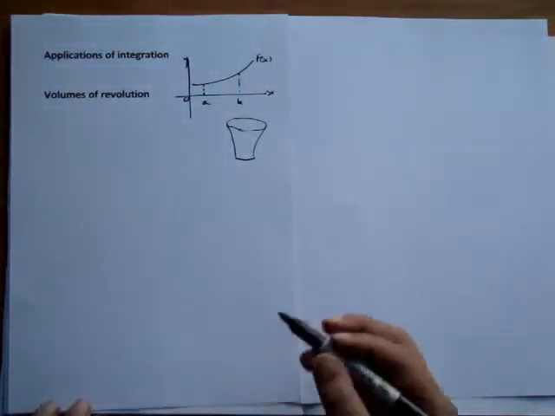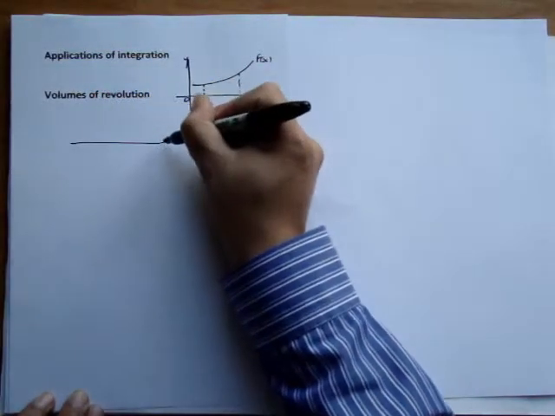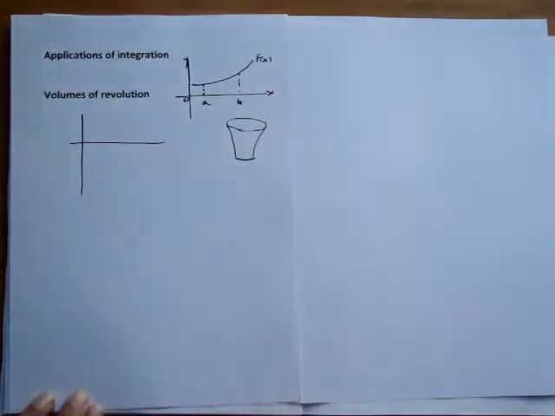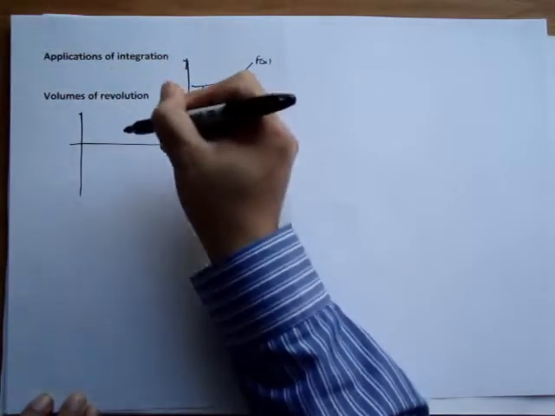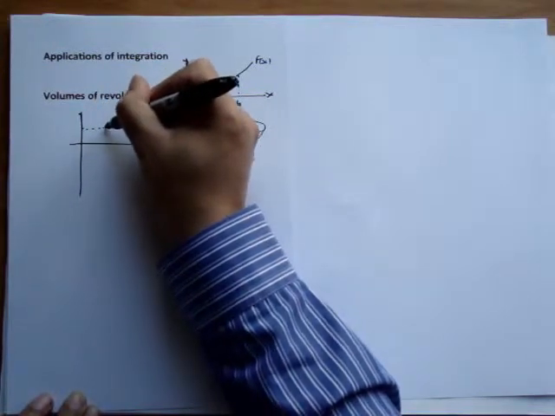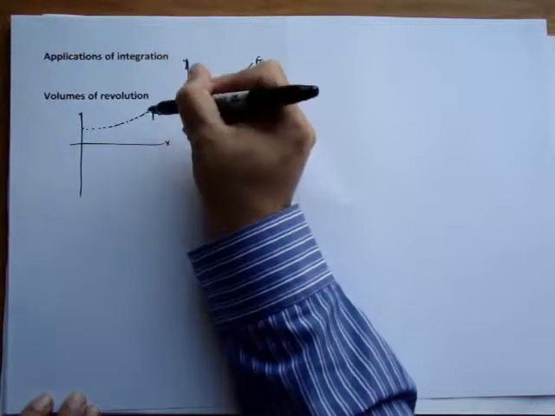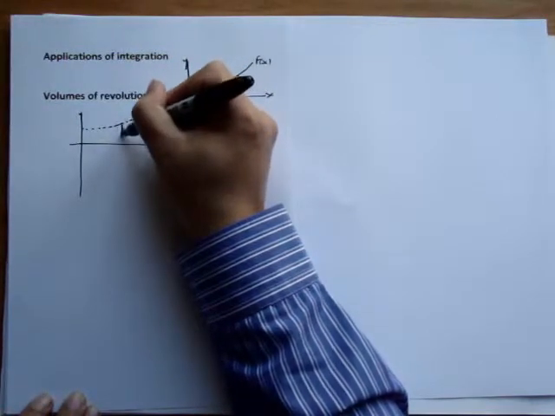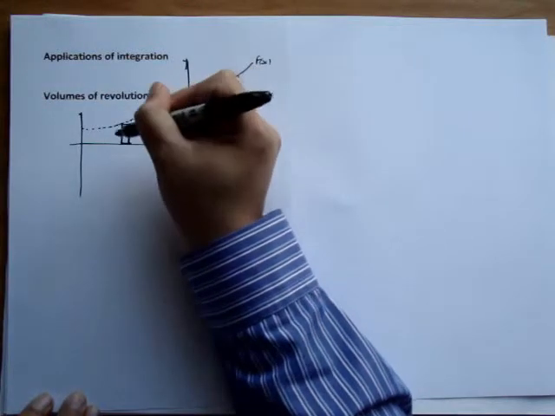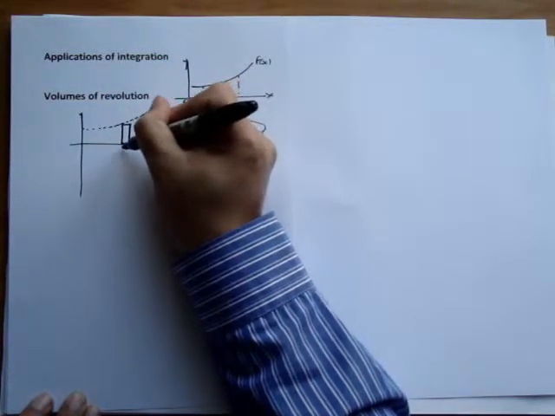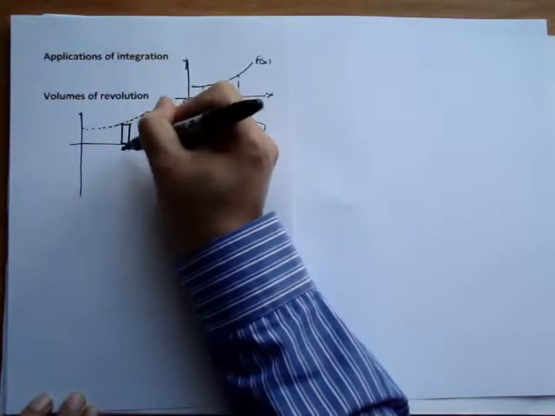So what we can think of this as is, again, let's draw a little x and y axis. So we have x, y, this is our f of x going up, and if we take a little strip here, the thickness of the strip would be delta x, or dx.